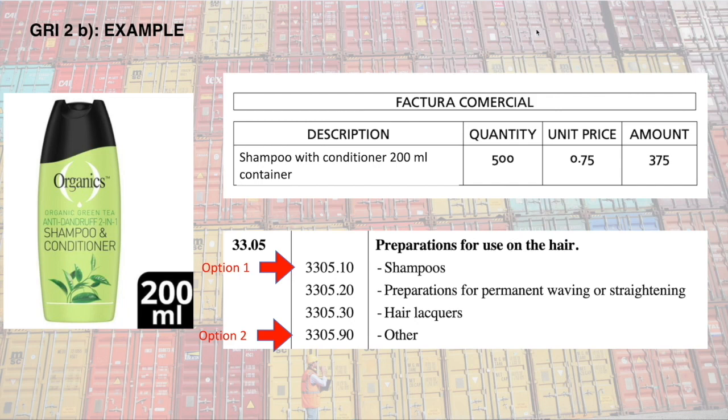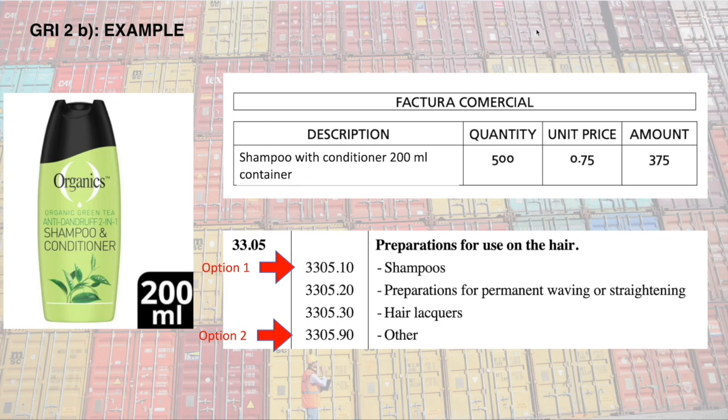So we have two options at least in this case: 3305.10 and 3305.90. What rule 2(b) tells us is that we must apply rule 3 to resolve this classification.